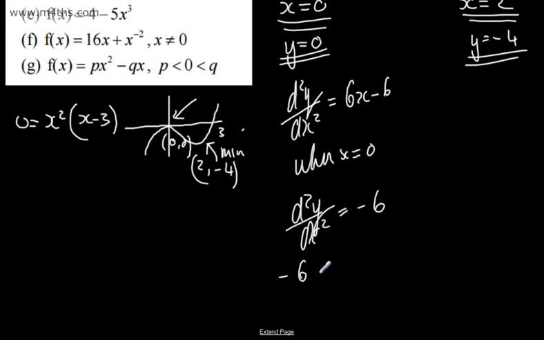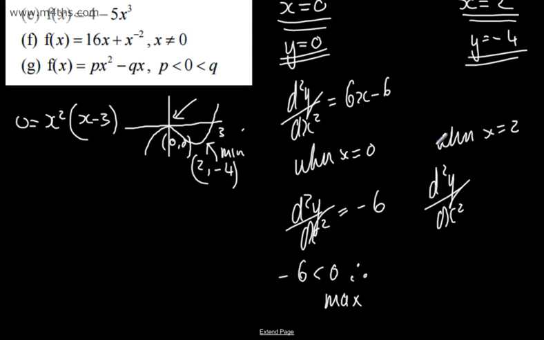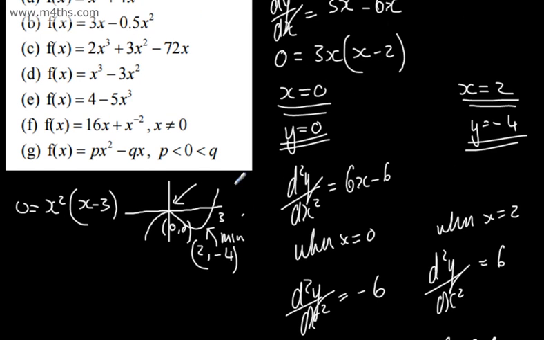We can say negative 6 is less than 0, therefore that's a maximum point. We can say when x is equal to 2, d2y by dx squared is going to be 6 lots of 2, which is 12, minus the 6, and that's going to give me positive 6. 6 is greater than 0, therefore we can say that this is a minimum. And that is done, and we can see that graphically as well.